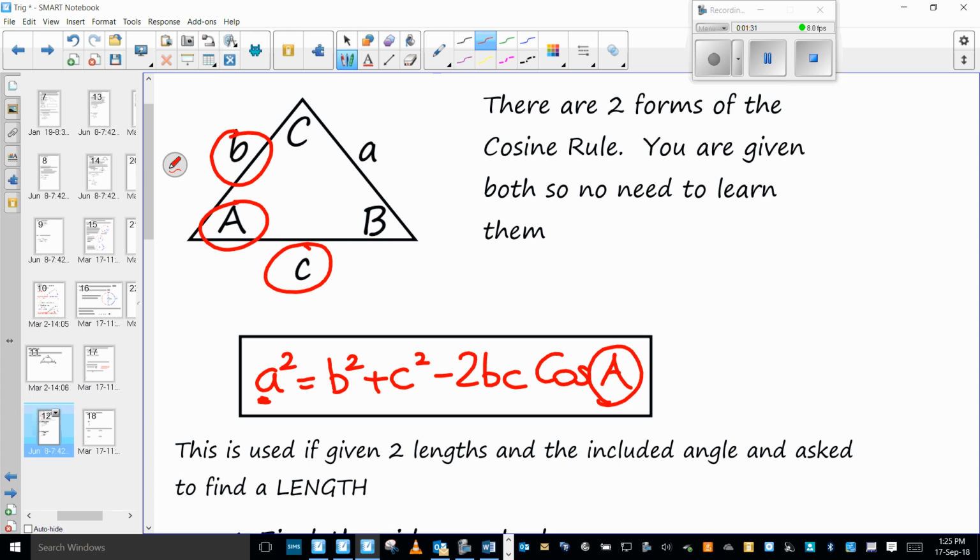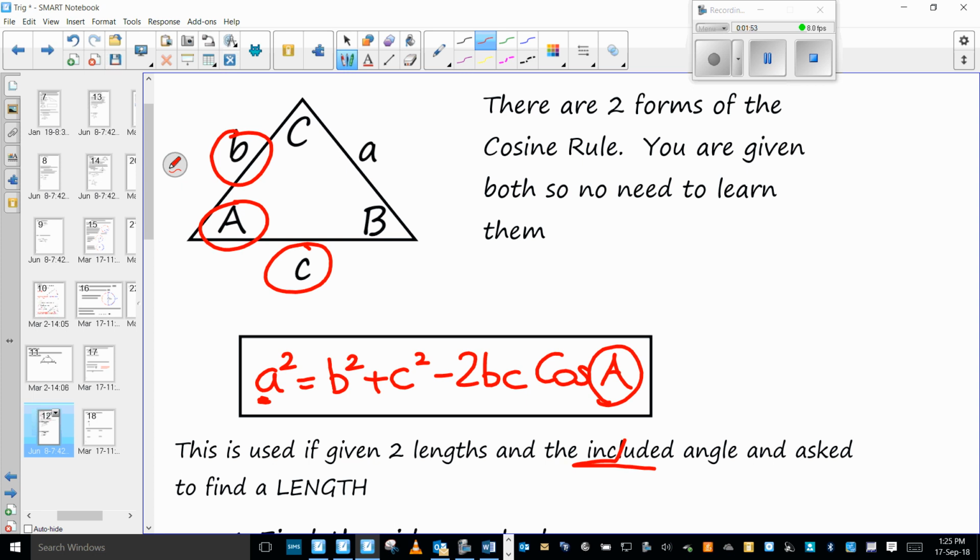So in your triangle, this is used if you're given two lengths and the included angle. Included means surrounded by, or inside those two lengths. So if we've got two lengths and the included angle, we would be using the cosine rule.